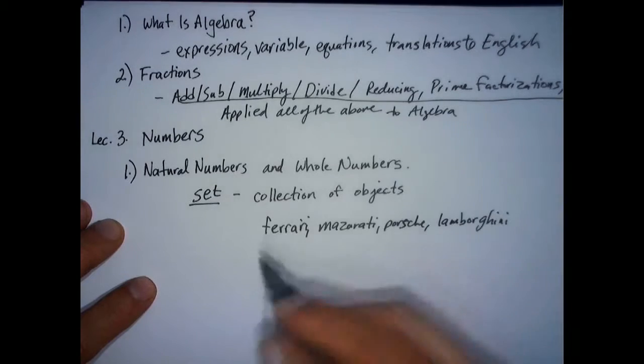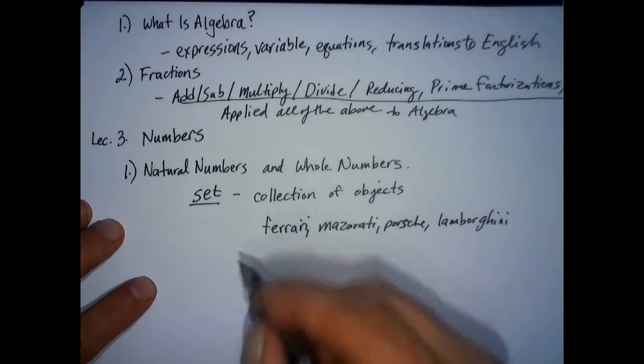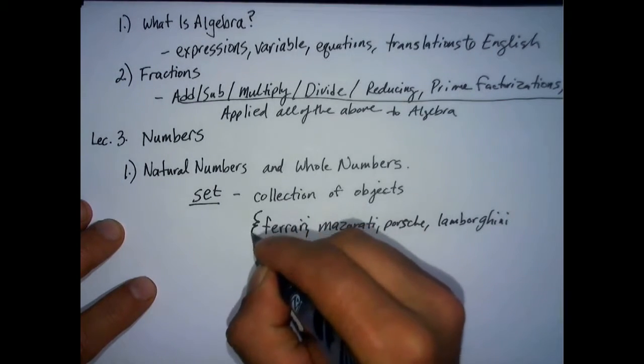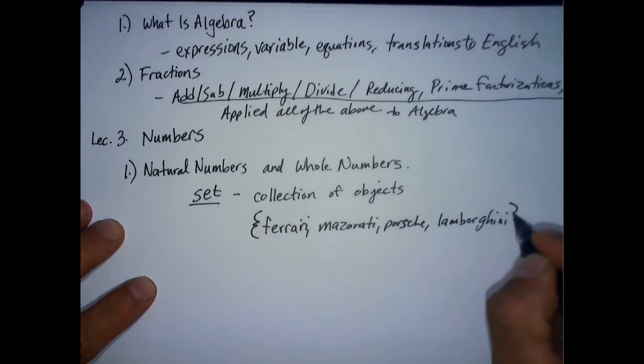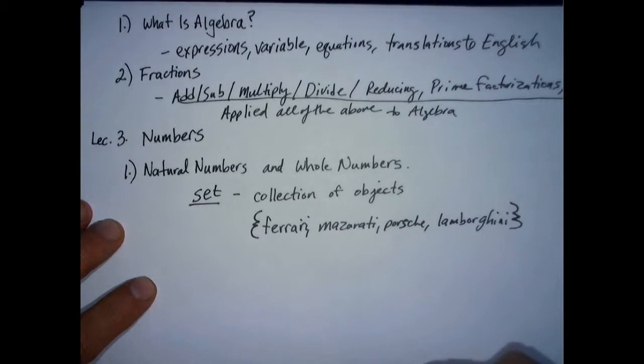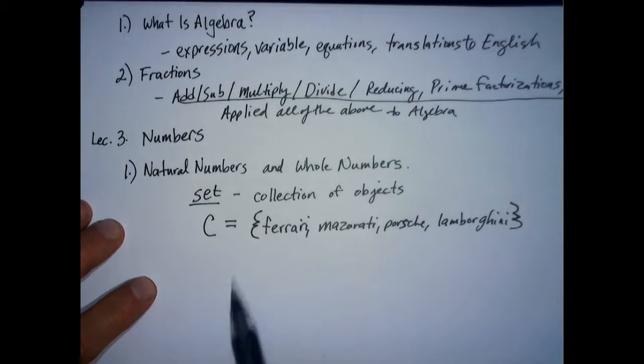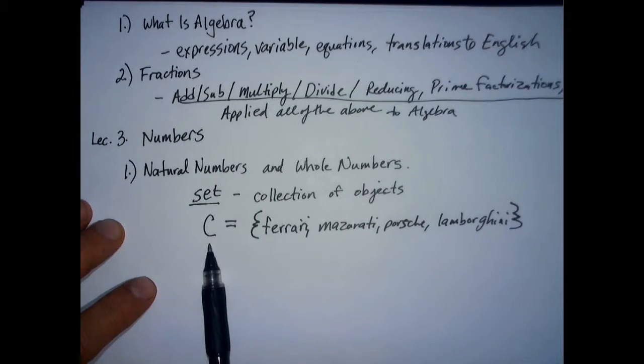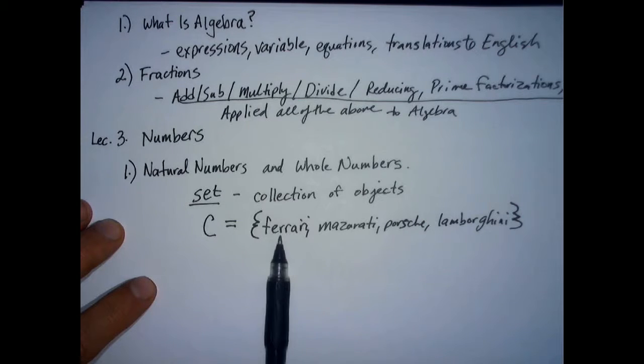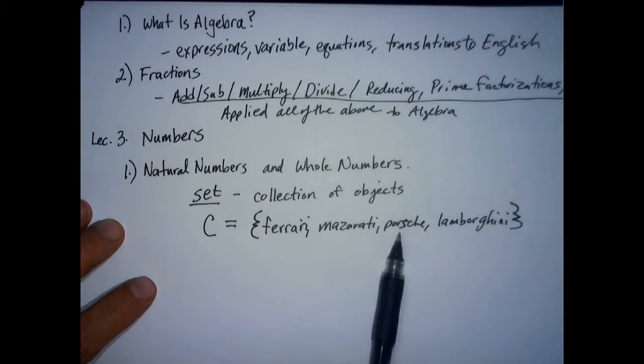To call this a collection of objects, we can name them in set notation. All we do to make them a set is put them in curly braces, and we usually give them a capital letter as a name. So we could say the set C of cars in my garage are the 4 objects: Ferrari, Maserati, Porsche, Lamborghini. Okay? This is a set.